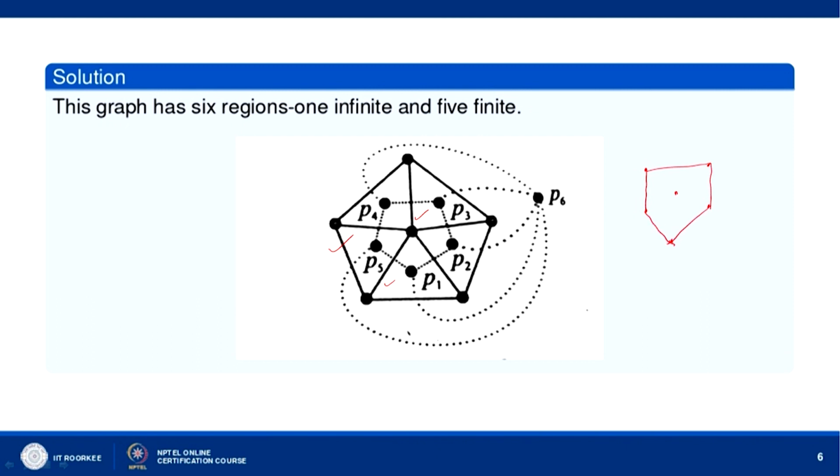Then we consider this P6 here, and we join P6 to P4, P3, P2, and we have P1 here, and we have P5 here. So, we join P6 to each one of them.